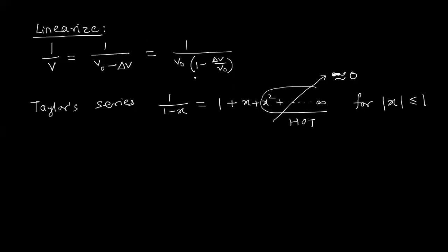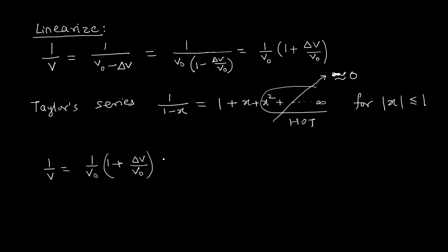So we can represent it approximately as 1 by v naught times 1 plus delta v by v naught. So here we have represented 1 by v as 1 by v naught, 1 plus delta v by v naught.